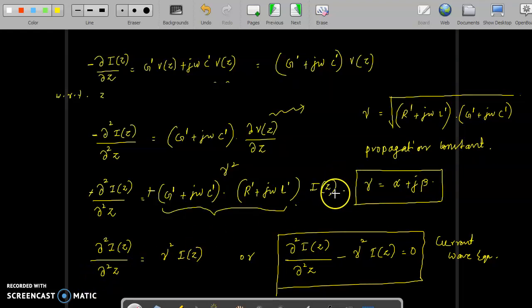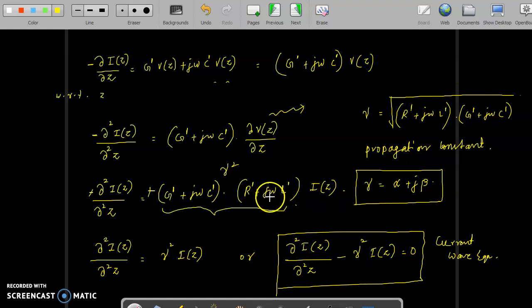So this is the end of the derivation of the voltage and current wave equations of a transmission line model. In the first class we described the various components in the transmission line model.